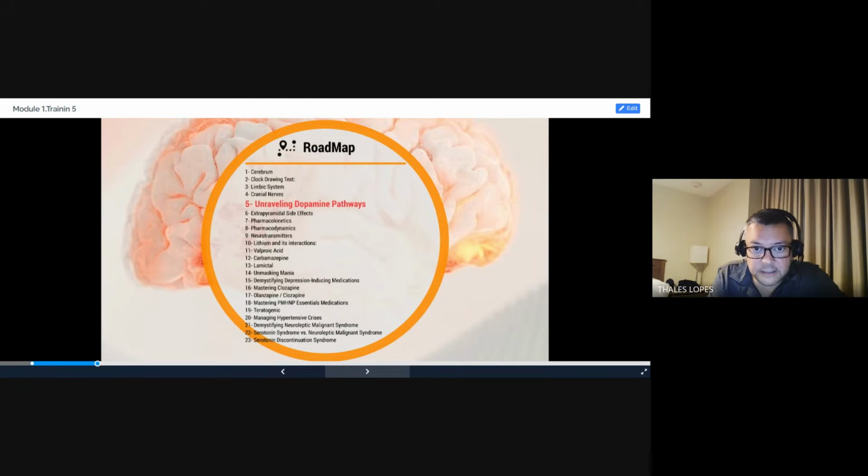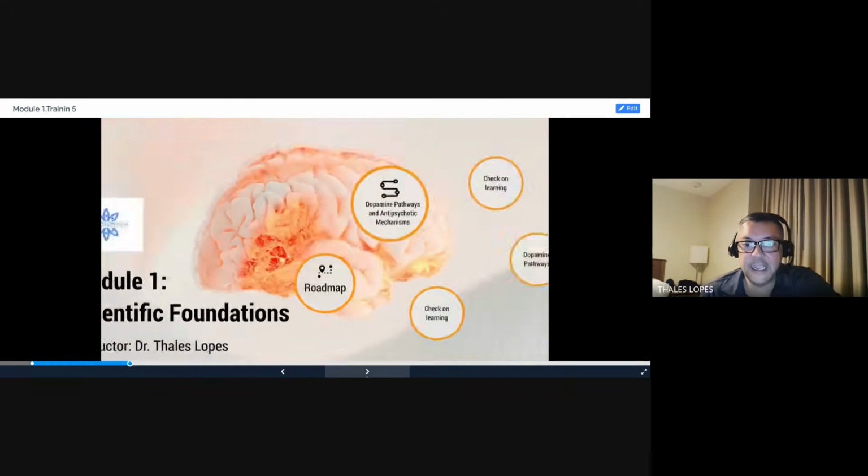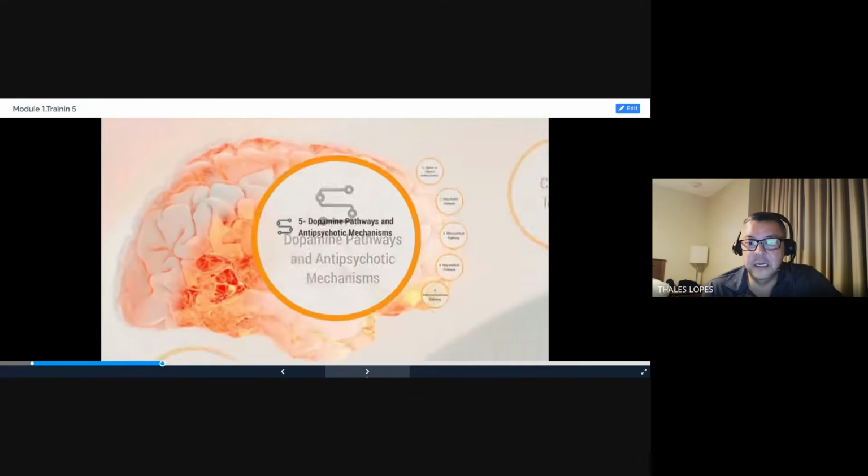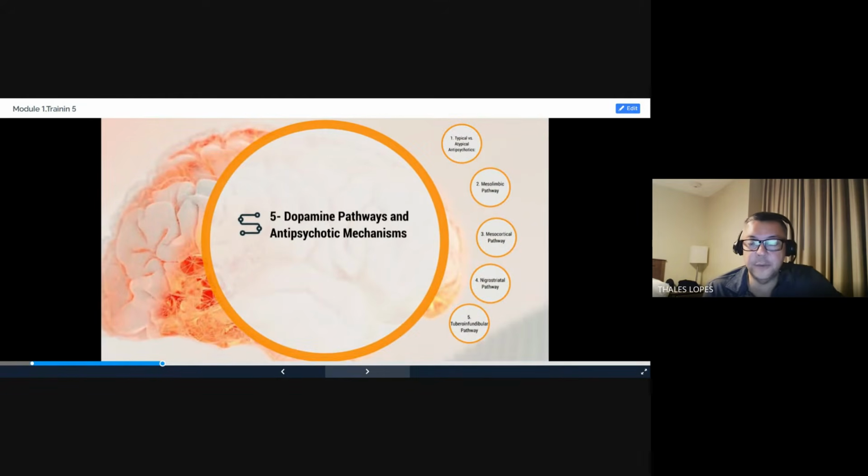Now, what is the one topic that everybody talks about, right? It's the dopamine pathway. And it's very simple, actually, unless today is the first time you're going through the dopamine pathway. Now, what you need to know right away about the dopamine pathway and about any topic that is easy, that will make it a hard question.